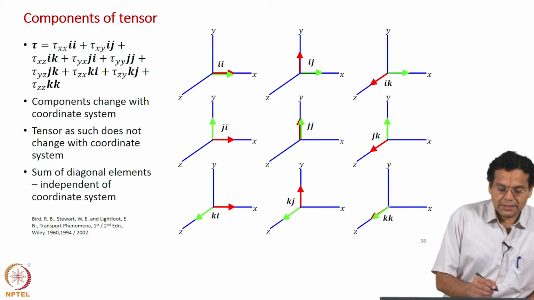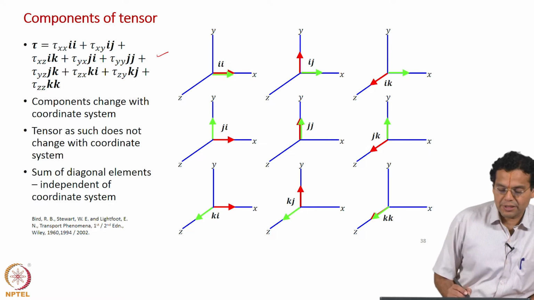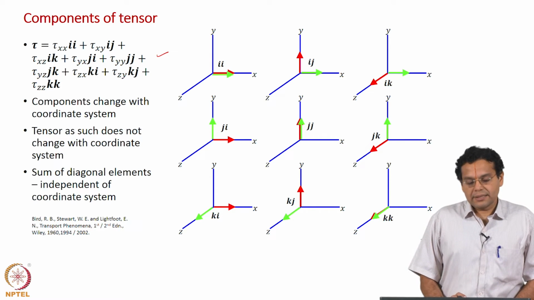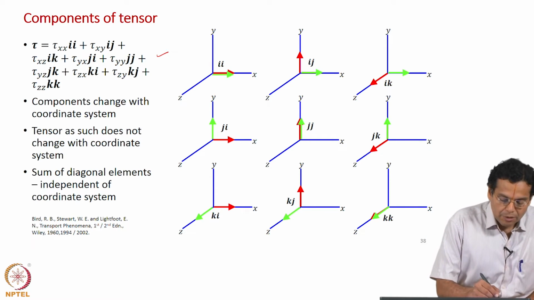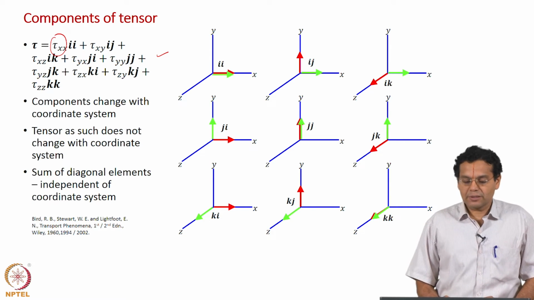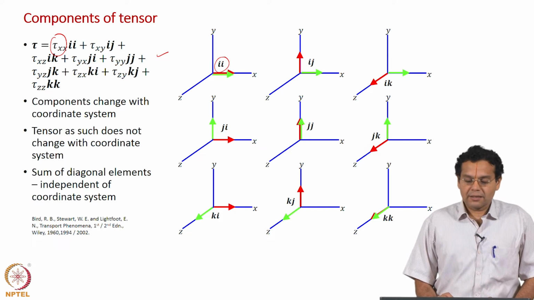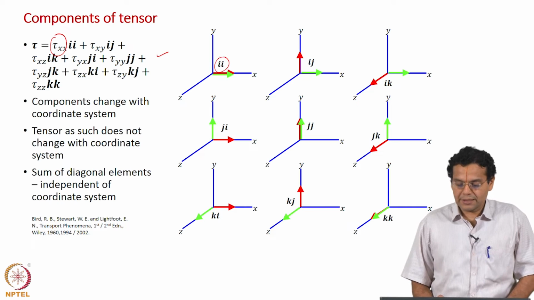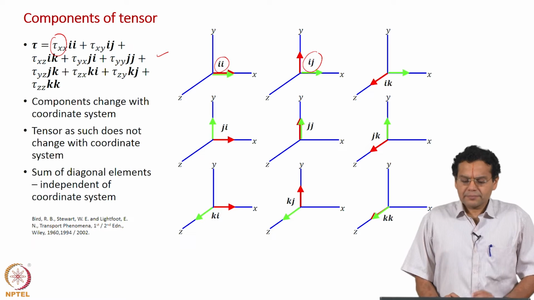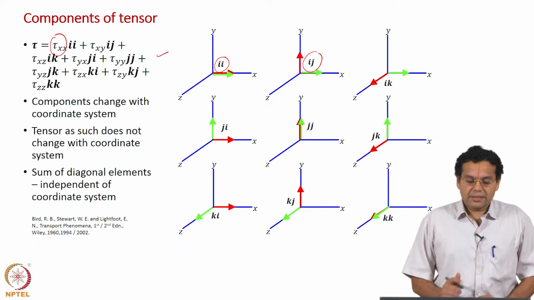Now, we represent a tensor in terms of its components using this equation, and there are 9 components in a tensor, and each component is associated with a pair of directions, and that is what these diagrams tell you. For example, tau xx is associated with the i and i pair of unit vectors, and if you take the component associated with the unit vectors i and j, it is tau xy.